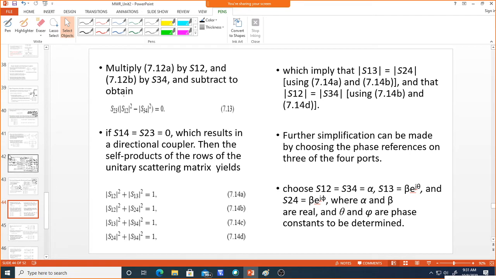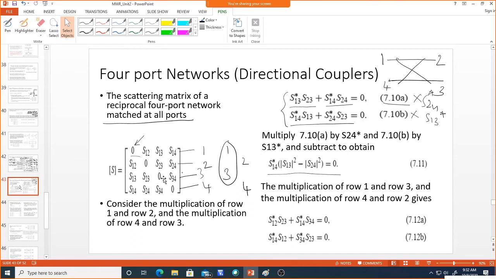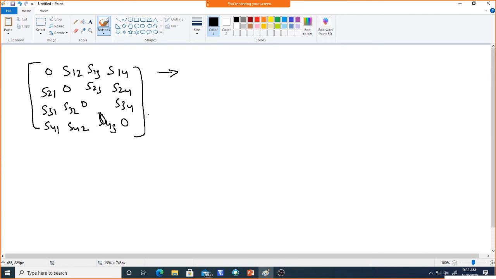So now if you take the product of the rows, then you will get this equation. So if I put this condition, that is S14 equal to S23 equal to 0, what will you get? Since the network is reciprocal, we get the rows 0, S12, S13, S14.